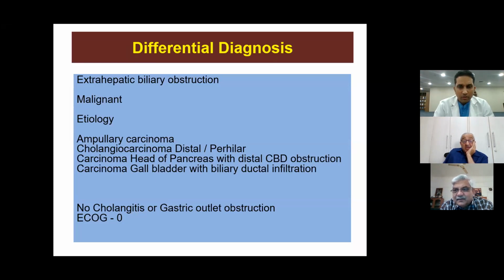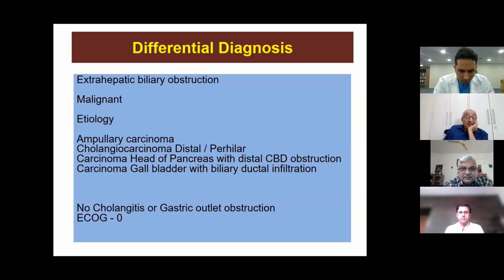Well, there's a question. If there is a mass, can you make out if it is a pancreatic mass or a GB mass clinically? That was a question. Sir. Pancreatic mass is usually retroperitoneal, and its visibility usually reduces when the patient tries to bend forward from a recumbent position.